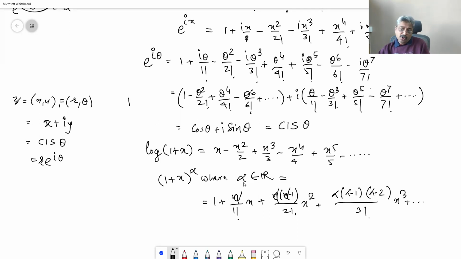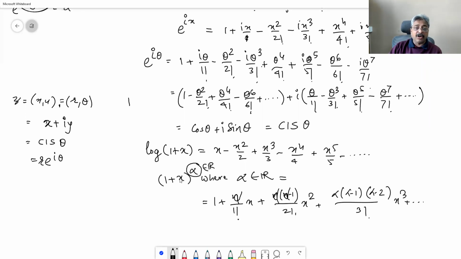And so on. So this is what we had assumed, that if the index is a real number, then during generating functions, when we learn generating functions in combinatorics, we have assumed this alpha as a real number and it will work all right as far as expansion of 1 plus x bracket raised to alpha is concerned.